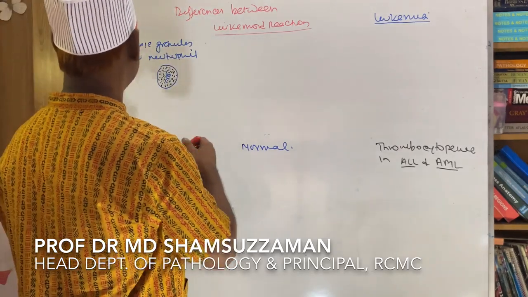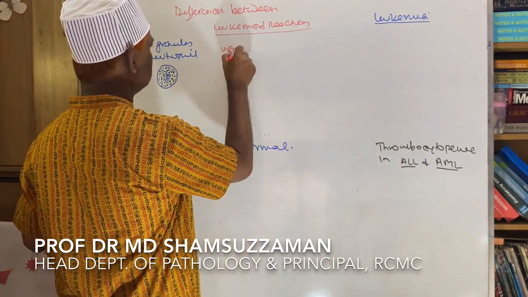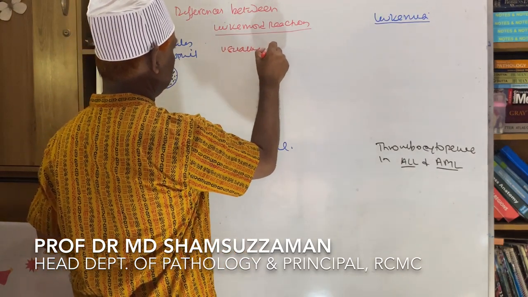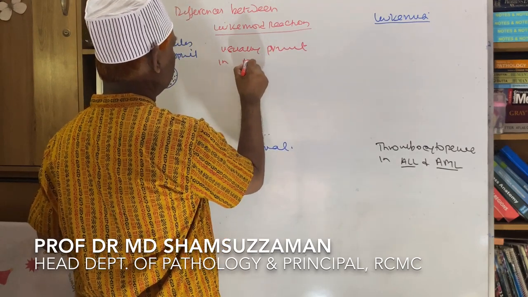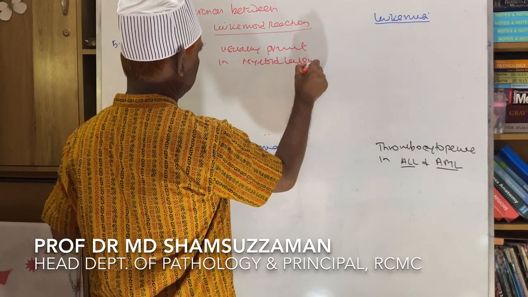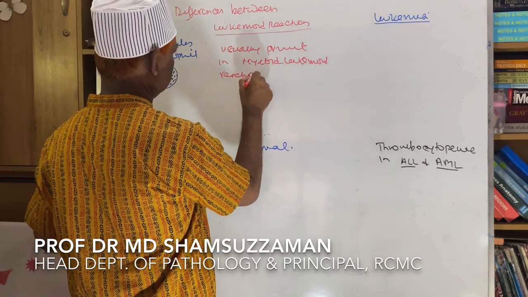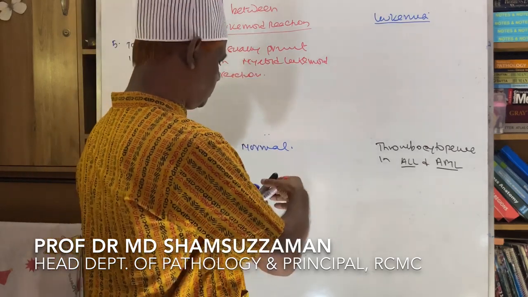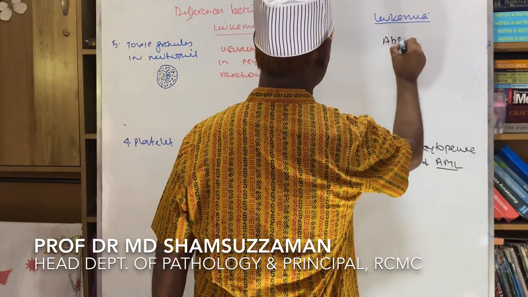So toxic granules in neutrophil are usually present in myeloid leukemoid reaction. This toxic granule is absent in leukemia.